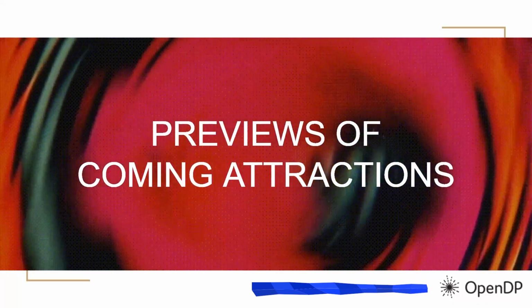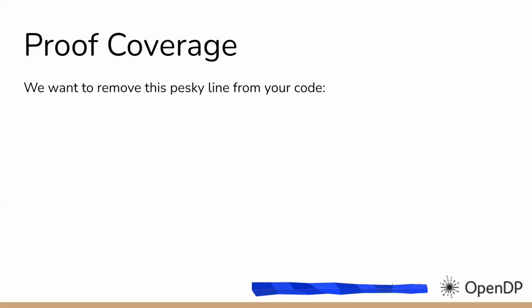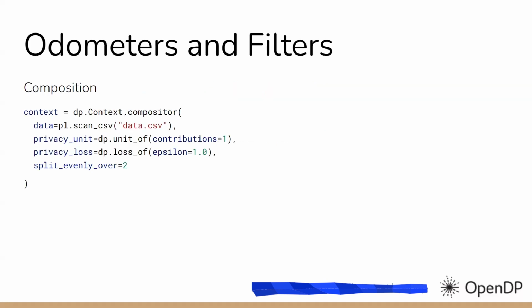So, previews of upcoming attractions. We want to remove this pesky line from your code, dp.enable_features. We want to have much better coverage in the library of what things have been proven and vetted. Another thing is odometers and filters.